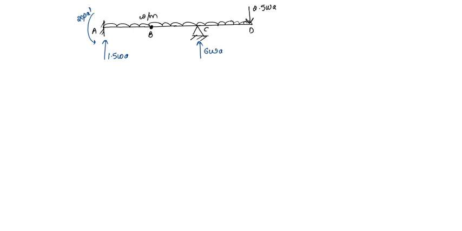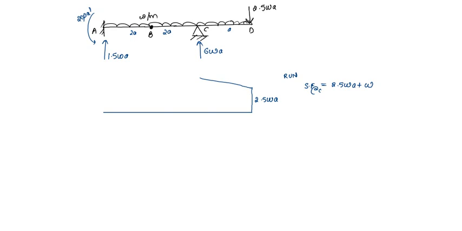For the shear force diagram, we know that right upward is negative, and right downward is positive, so 2.5 WA. Since it is a UDL it should vary linearly, and the shear force at C will be 2.5 WA positive plus W into A, that will be 3.5 WA.